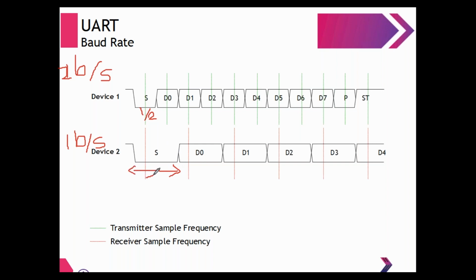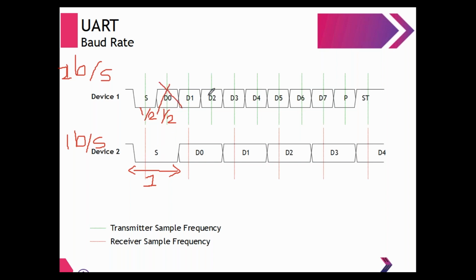Literally, it will take the entire 1 second. Within 1 second it receives just a start bit. But by that time, device 1 will end up transmitting D0 also, in the next half second. Since device 2 is busy receiving the start bit, it will miss D0.